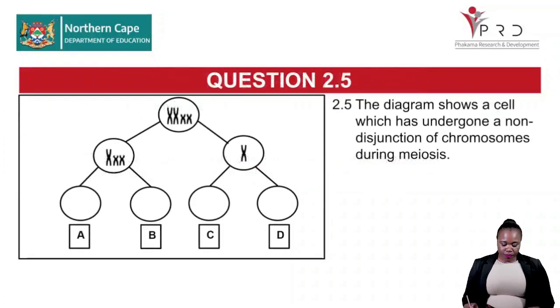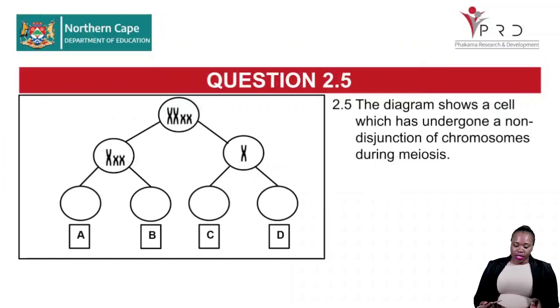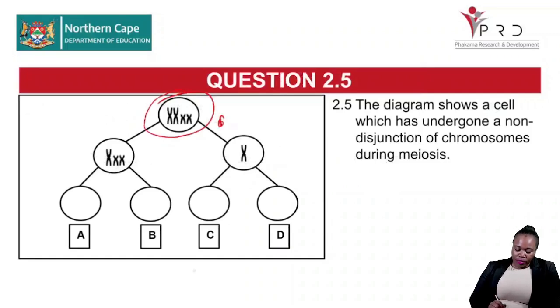Right, 2.5. It says the diagram shows a cell which has undergone non-disjunction of the chromosomes during meiosis. So as we can see, this would be at the beginning of meiosis, this would be meiosis 1, and then at the end of meiosis 1, and then this would be meiosis 2, and down there we have the end of meiosis 2.